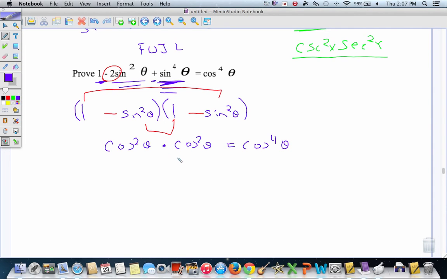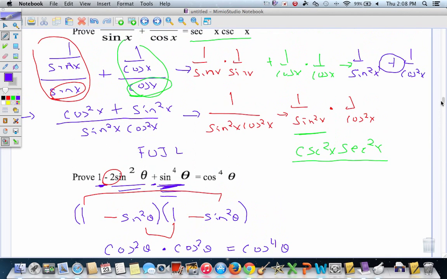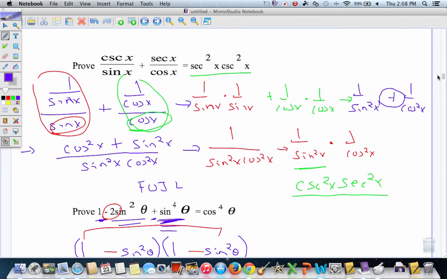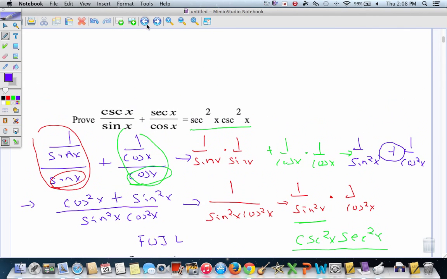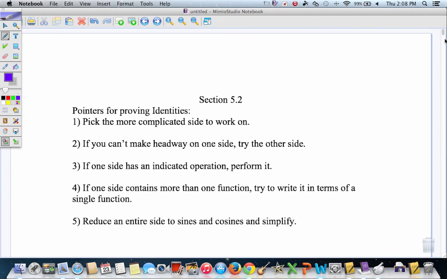So again, noticing or pointing out the fact that if we are able to factor, it becomes a fairly simple problem, but it does require some factoring. Looking back at these examples that we've done, each one, as you can see, has started a different way. Here we factored. Here we made some fractions, found some common denominators.